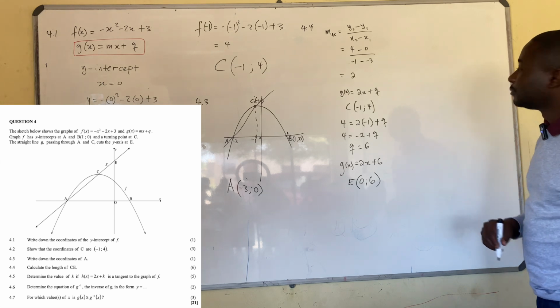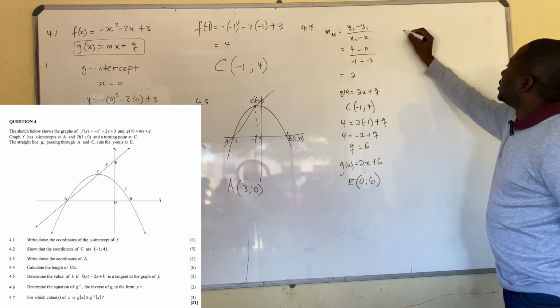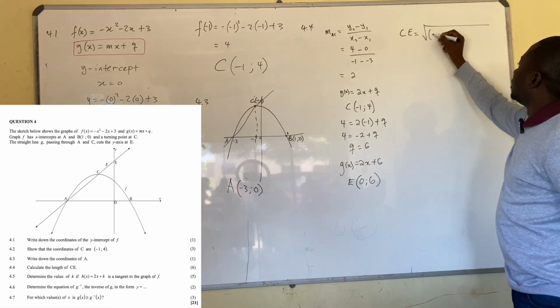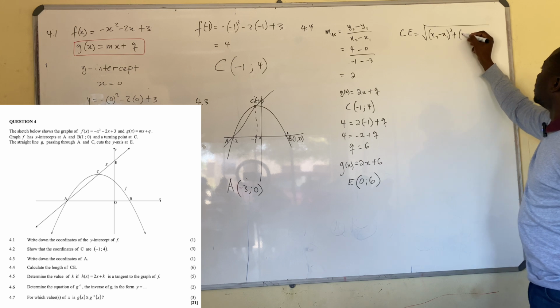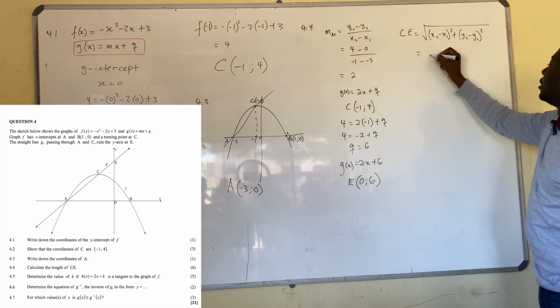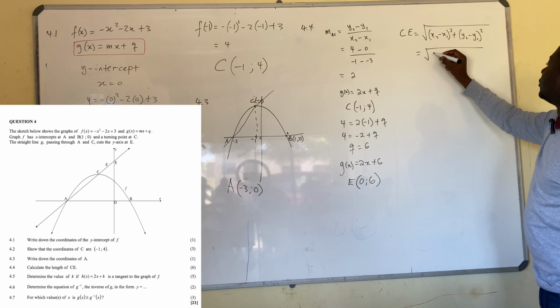Distance formula, right? So we want the distance CE. The formula is the root of x2 minus x1 squared plus y2 minus y1 squared.